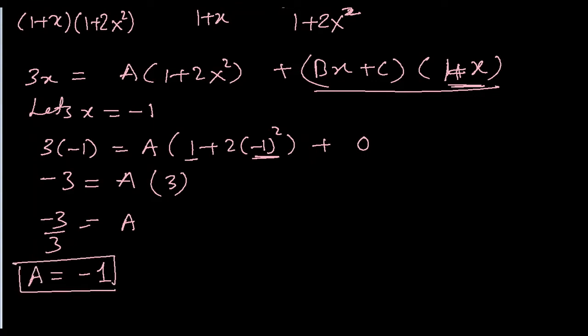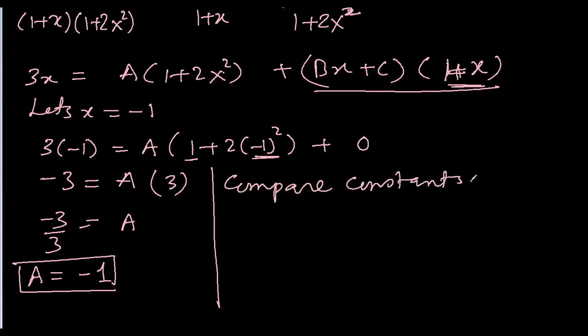Let's talk about b. We cannot make this one 0 anyhow because square will make it positive, and a positive and a positive cannot cancel out. So in that case, what should we do? Let's compare. Compare constants first. So in this equation, there is no constant here. So 0 equal to, there will be a constant here, A times 1, right?